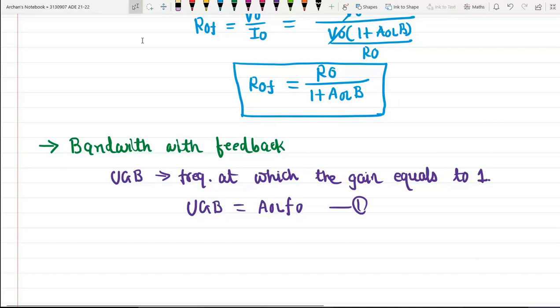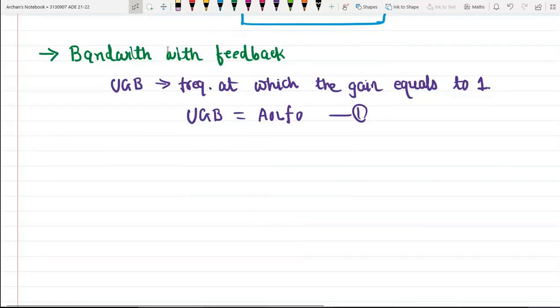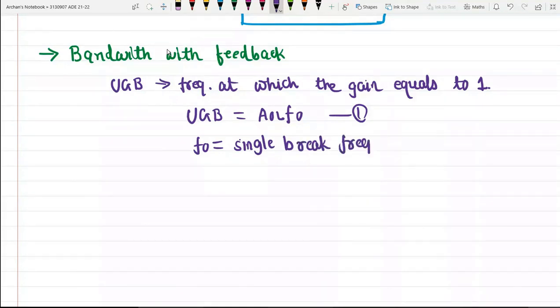So unity gain bandwidth is equal to AOL times the single break frequency f0. Here f0 is nothing but the bandwidth without feedback, also known as the single break frequency.